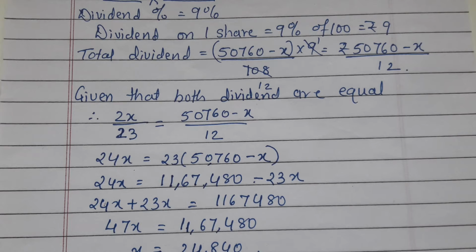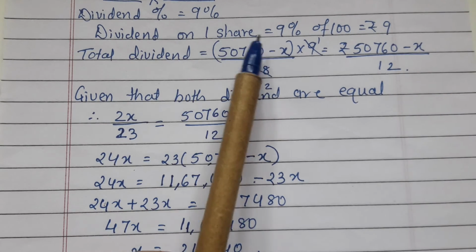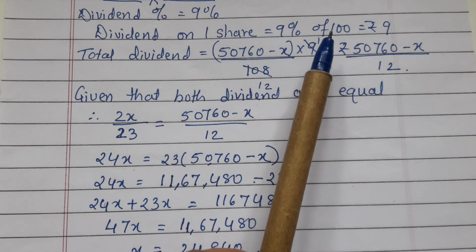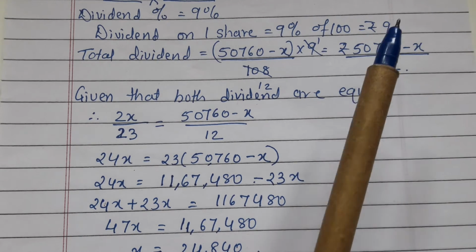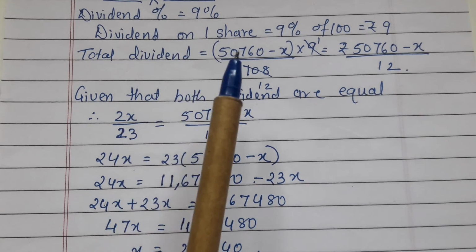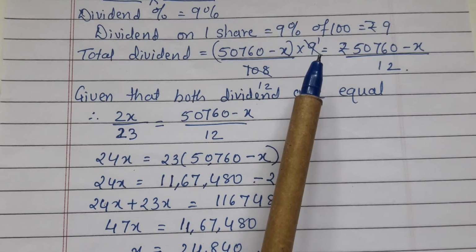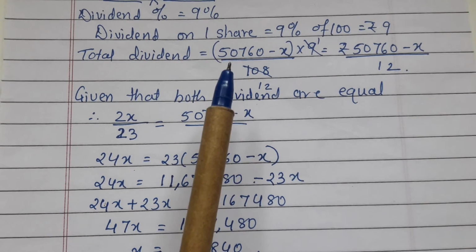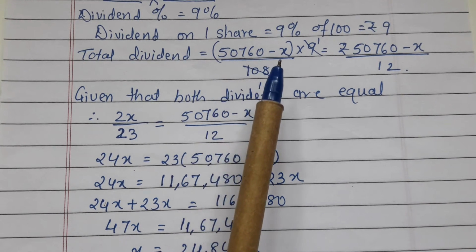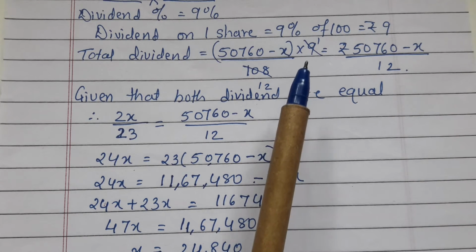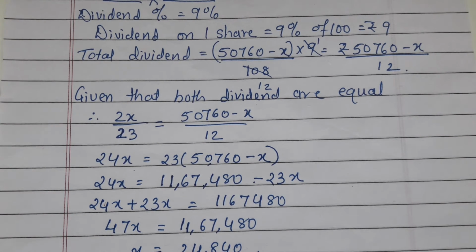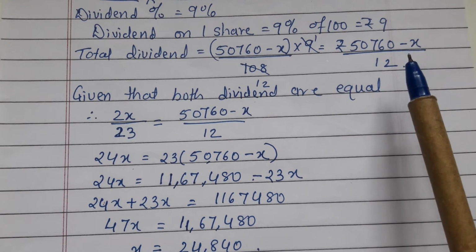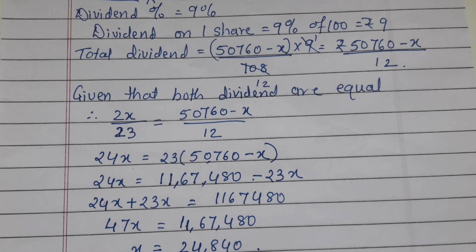Dividend percent equal to 9%. Dividend on 1 share equal to 9% of rupees 100, that is equal to rupees 9. Total dividend, number of shares into dividend on 1 share. Number of shares 50,760 minus X into 9 upon 108, that is equal to rupees 50,760 minus X upon 12.